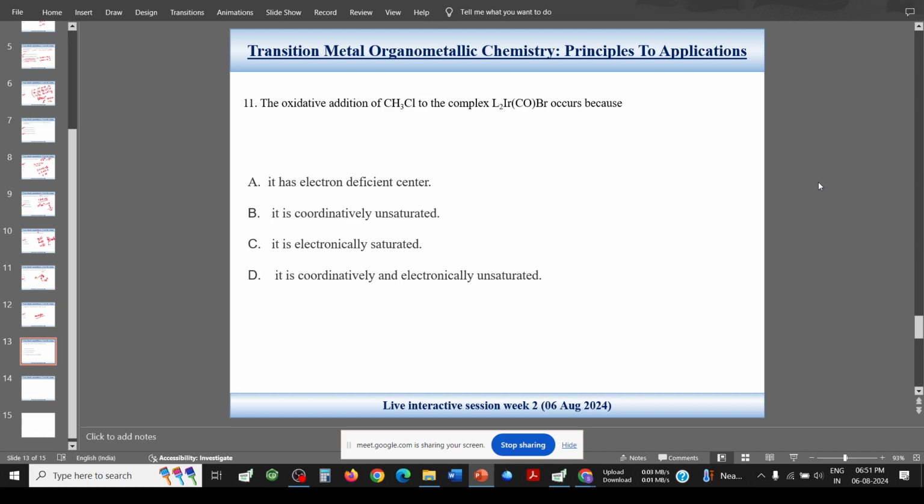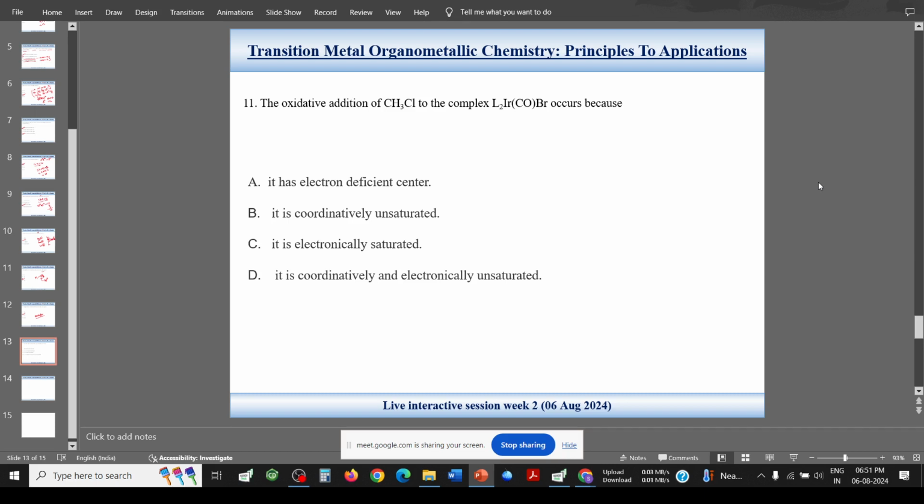Oxidative addition we have discussed a little bit in this week, mainly in the last lecture, that is week 2 lecture 10.